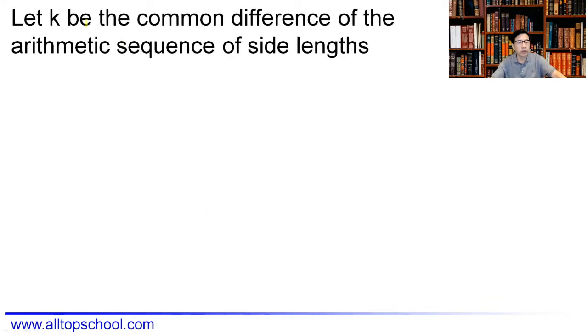Let K be the common difference for the arithmetic sequence of the side lengths. We usually use D as the common difference, but we use K just because we already have the variable D. Let's write them out.